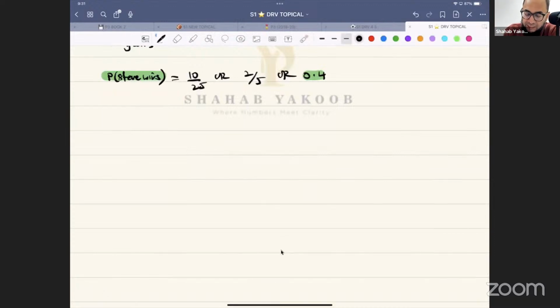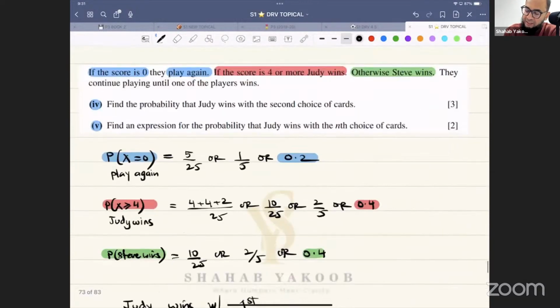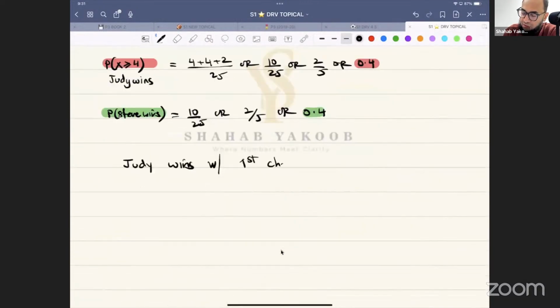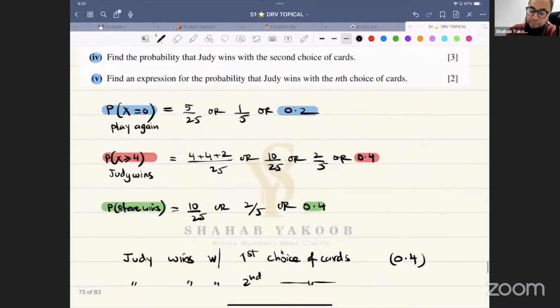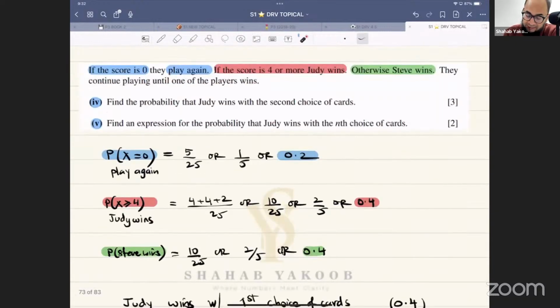If I'm focusing on Judy wins with the first attempt, first set of cards, that is just winning, that is 0.4. Now, Judy wins with the second choice of cards. That means the possibility that Steve wins does not exist.